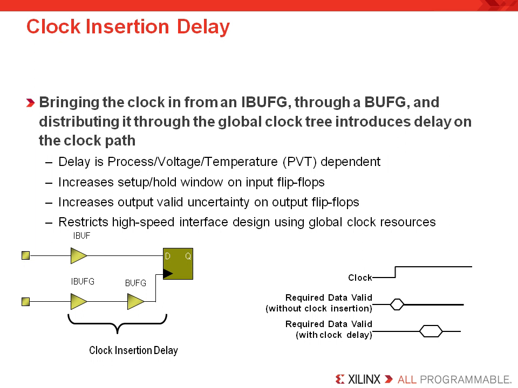So this restricts your high-speed interface design whenever you're routing your clock onto the global routing resources. So the key thing to understand here is the clock insertion delay will depend on the depth of that clock tree, which will increase with your FPGA size. So obviously, the clock insertion delay has to be accounted for and possibly even compensated for to get efficient clock distribution.